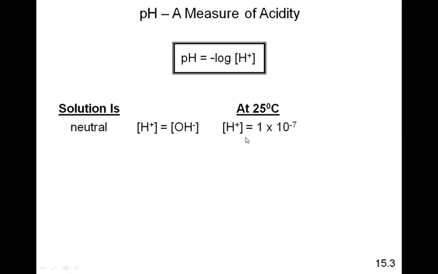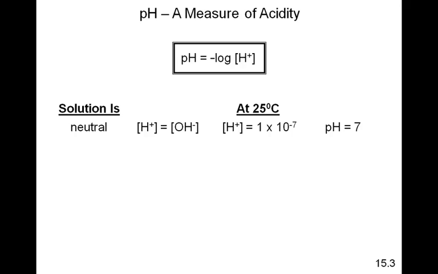And so the concentration of H plus at 25 degrees Celsius is 1 times 10 to the negative 7th. Therefore, if we plug that value into the pH equation, the pH comes out to be 7.